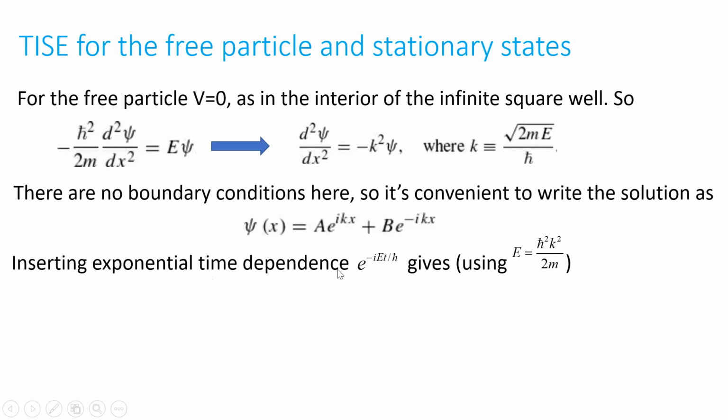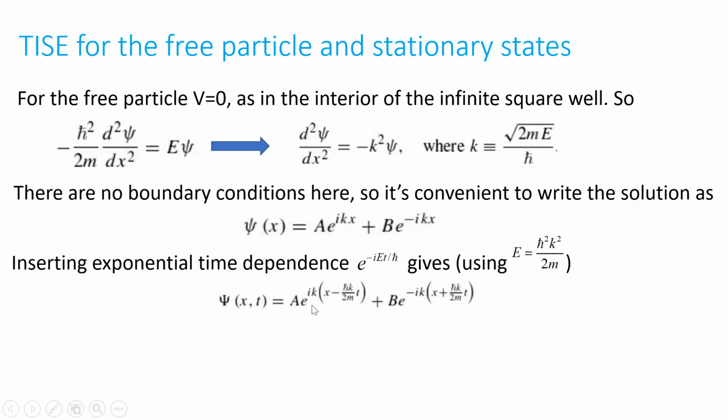So we insert the exponential time dependence, e to the minus iEt over h bar, to each of these states, using E equals h bar squared k squared over 2m, which we can get by solving our definition of k up here for E. If we square both sides, we get k squared equals 2mE over h bar squared. So E would be h bar squared k squared over 2m. Okay, so we put that in here.